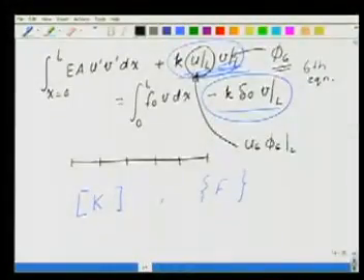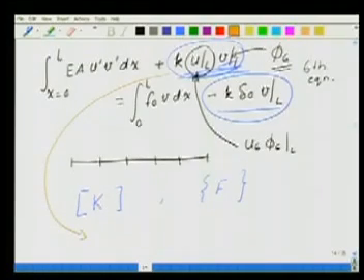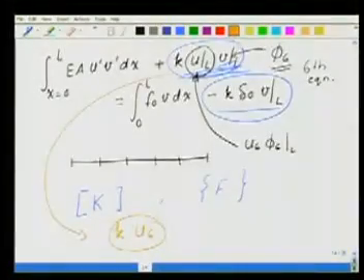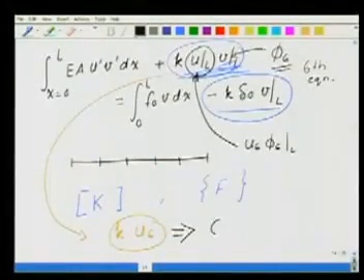Now what does this lead to? So this whole expression, if I want to write it somewhere, this will become K U6. So this tells me very clearly which column this has to go in. So this means this entry goes into the sixth column.